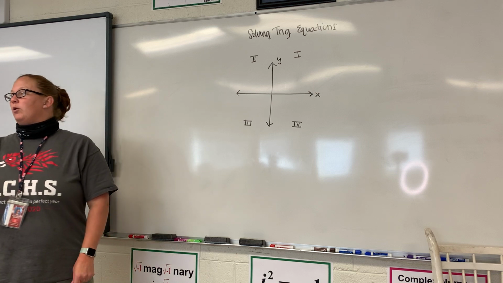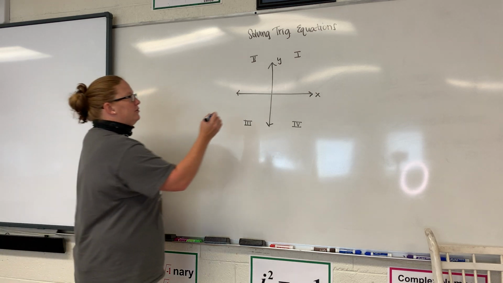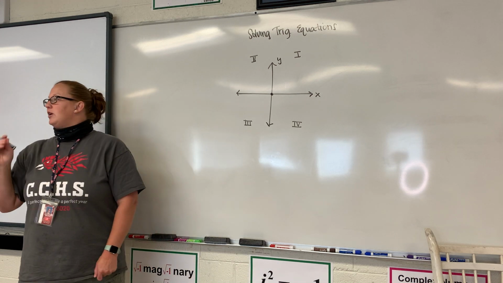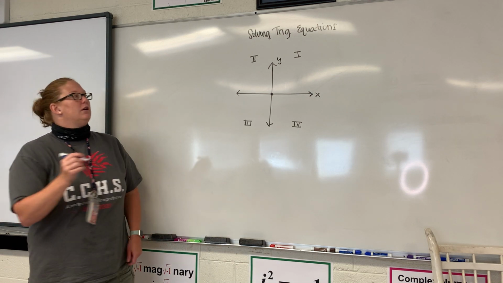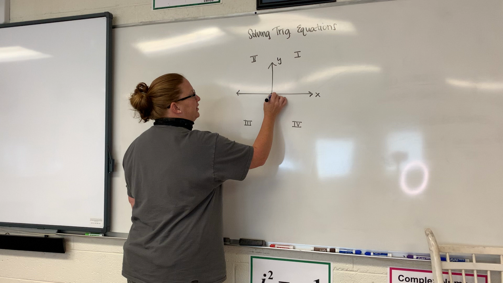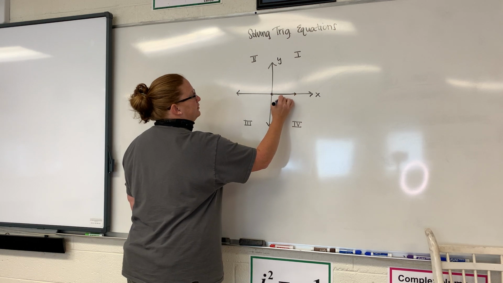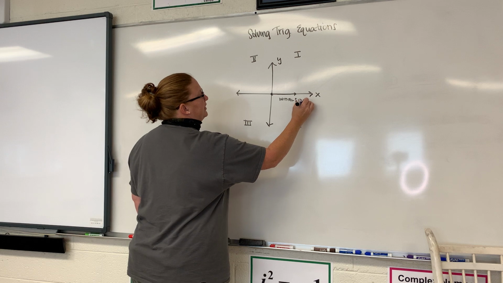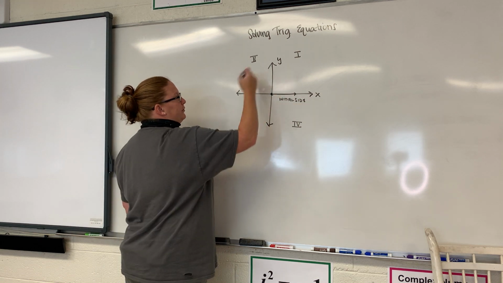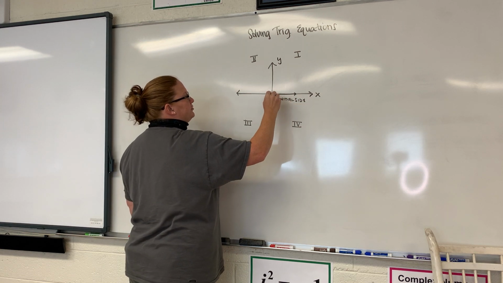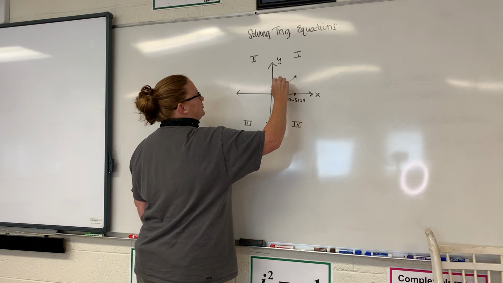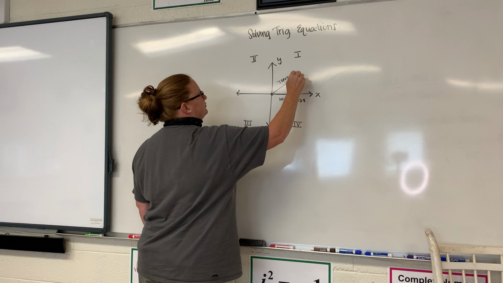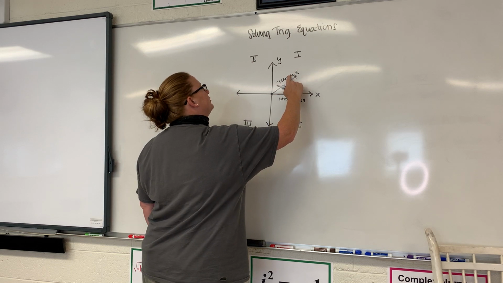What we're doing is an angle off of the origin. Our initial side is right here, and then the angle is going to spin around the circle, making your unit circle. That's called your terminal side, because that's wherever it goes around and it stops.